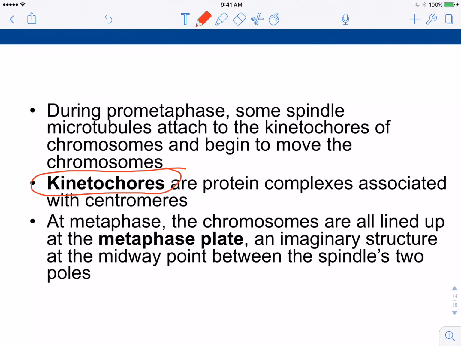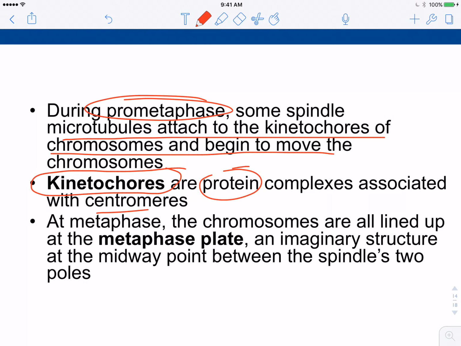So spindle microtubules during prometaphase, this is what distinguishes prometaphase from prophase, attach at the kinetochores of the chromosomes and begin to move the chromosomes towards the metaphase plate. Kinetochores are protein complexes that are associated with the centromere, okay? And that's where the microtubules attach.